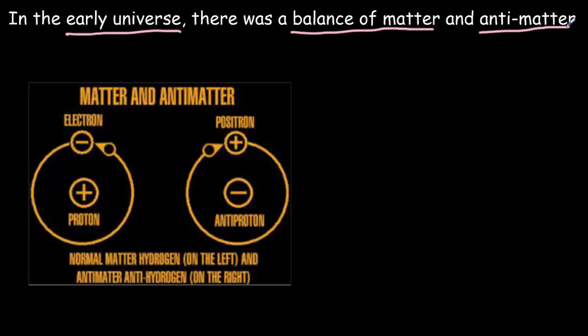There'd be a back and forth exchange. Now it turns out there was some sort of asymmetry along the way, and regular matter kind of won out over antimatter. So we now live in a matter universe rather than an antimatter universe, and our hydrogen atom consists of a proton with an electron around it. If we'd lived in an antimatter universe, hydrogen would be an antiproton with a positron circling it.